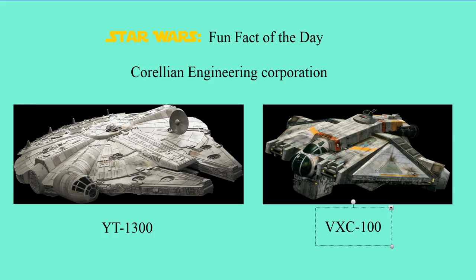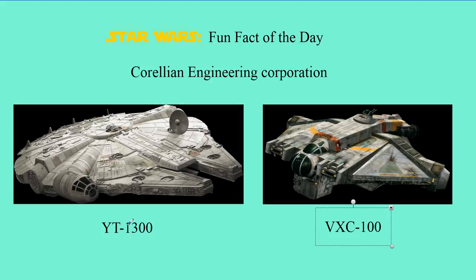And Han Solo is from Corellia, just like Luke Skywalker was from Tatooine and Princess Leia was from Alderaan. And the Corellian Engineering Corporation makes a lot of small and light freighters, one example is the YT 1300, which is the Millennium Falcon.